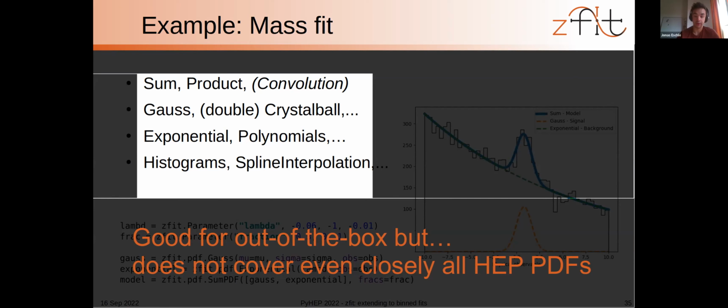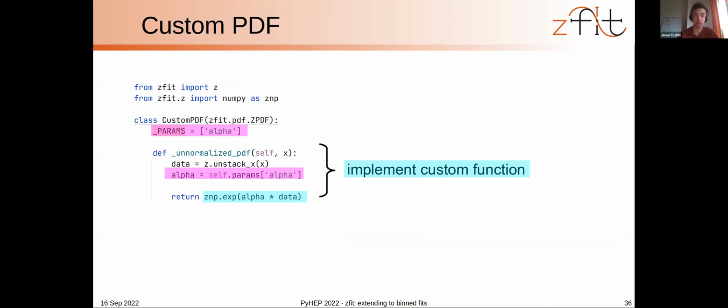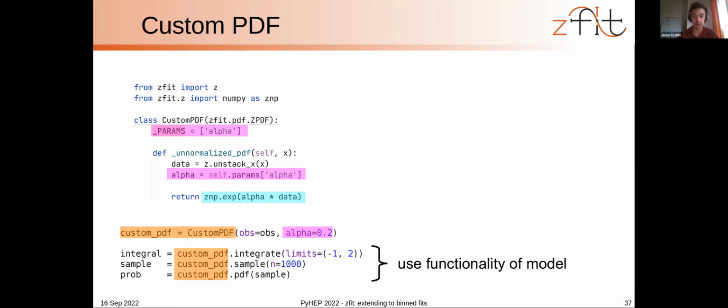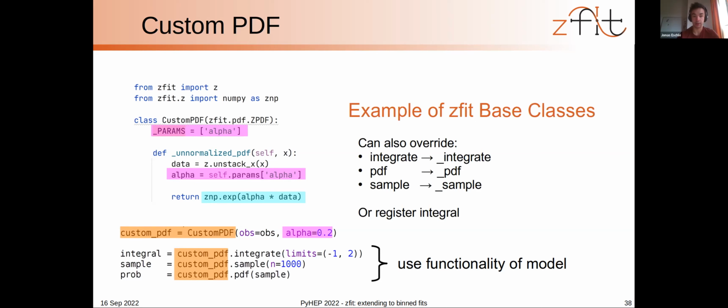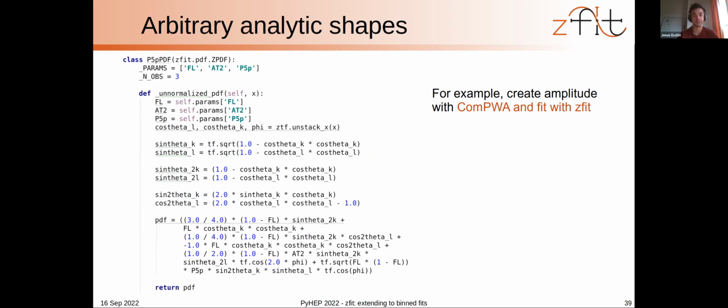So one thing in Zfit is that you can build custom PDFs. Super easily, you can give an arbitrary shape, and the PDF will then function as a Zfit PDF and will go fully into the workflow. It has all the things that a PDF has: integrate, sample, and PDF, we'll see that. And we can make it extremely complicated, with arbitrary shapes. One example is if you want to use TFWA to do amplitude analysis with Zfit, or anything else, this always works.